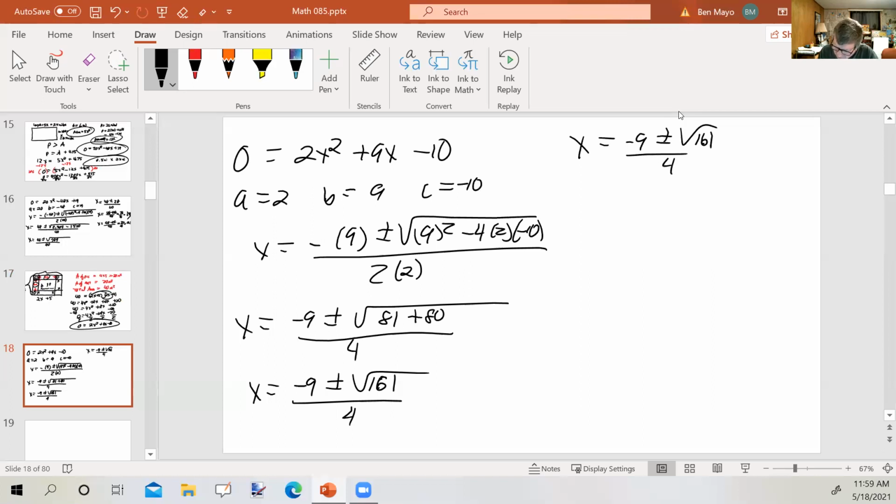I just recopied what was below, so hang on, let's do this. So we're going to have that or that, the plus or the minus. Again, don't forget parentheses around the entire numerator and parentheses around the radicand.